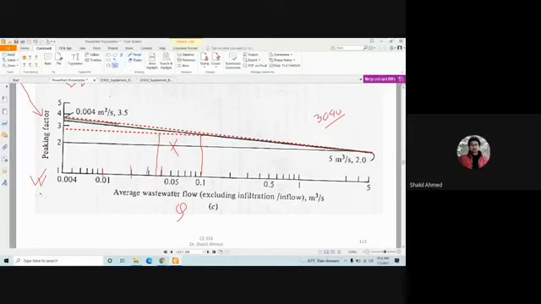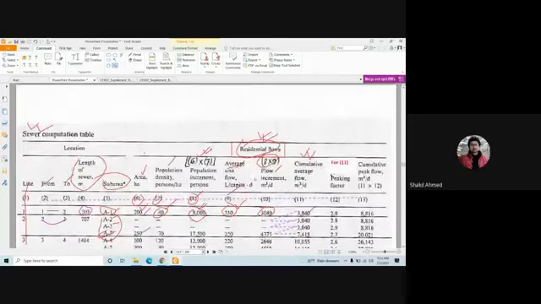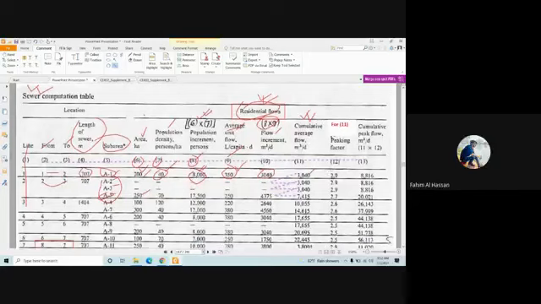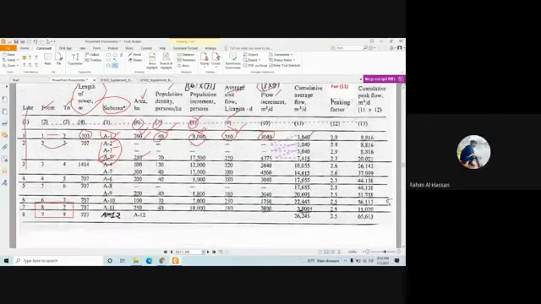It will be 2.8, maybe 2.7, something like that, right? All right. Yes, sir. I've taken 2.9. That's fine. 2.9. Okay. Clear? Yes, sir.